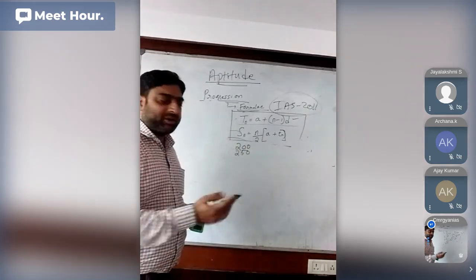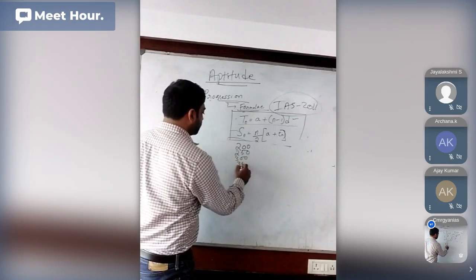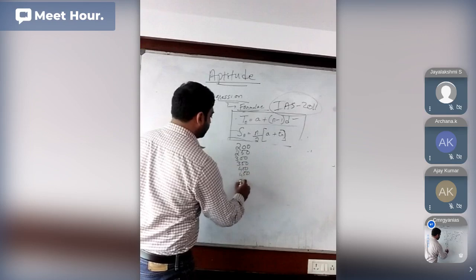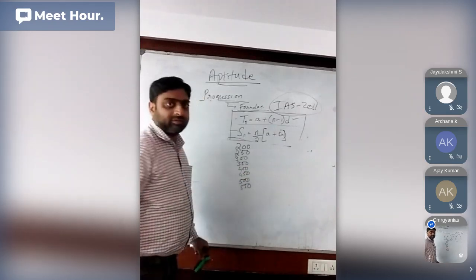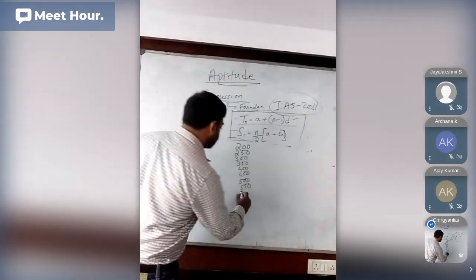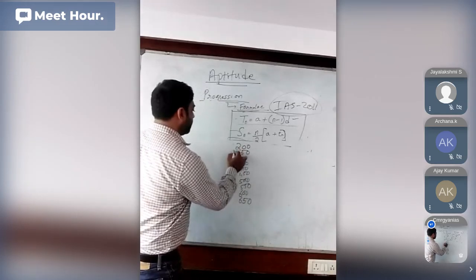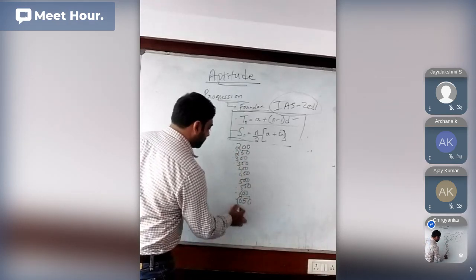So like this, delaying by 10 days: 300, 350, 400, 450, 500, 550, 600, and 650. So 1, 2, 3, 4, 5, 6, 7, 8, 9, 10.